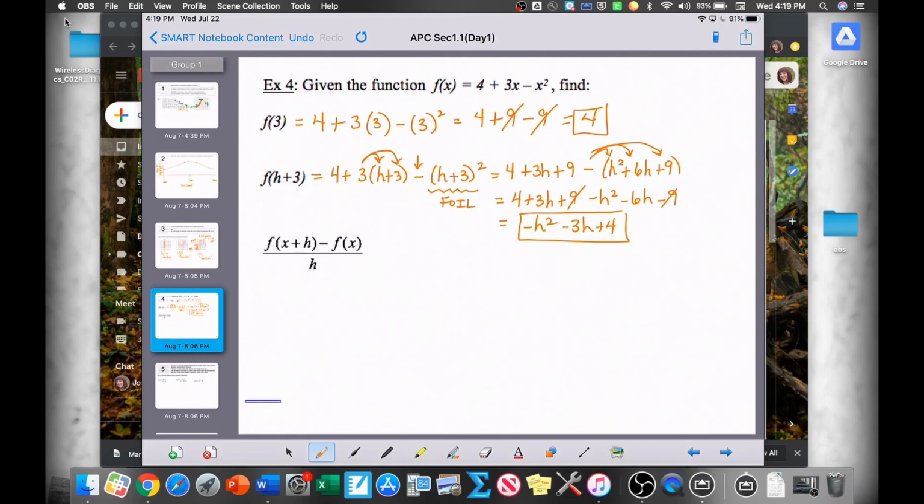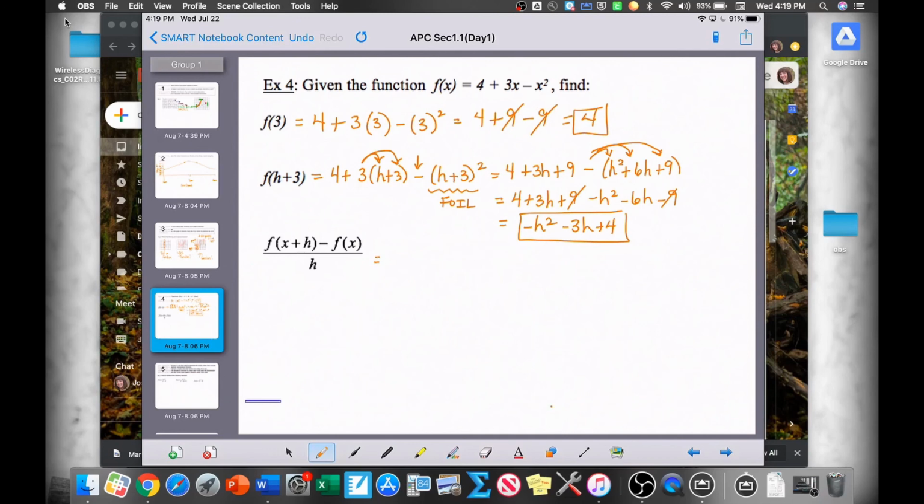Well, they're asking us to plug in x plus h for x in our function, subtract from that the function itself, which is just f of x, and then take that whole thing and divide it by h, okay? So let's start with what is f of x plus h?